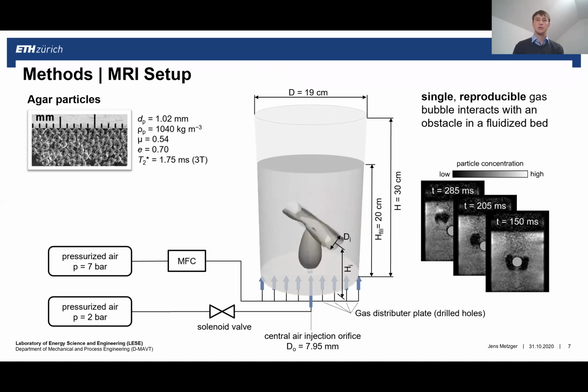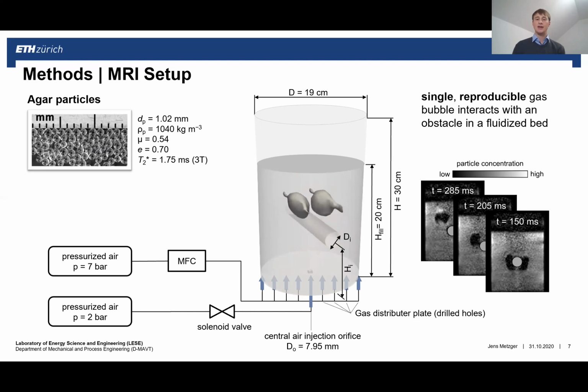In this case, we use a cylindrical obstacle, so a tube that is positioned horizontally into the fluidized bed at a position of 100 millimeters above ground and has a diameter of 30 millimeters. The whole bed that we investigated has a diameter of 19 centimeters and has a filling height of 20 centimeters.